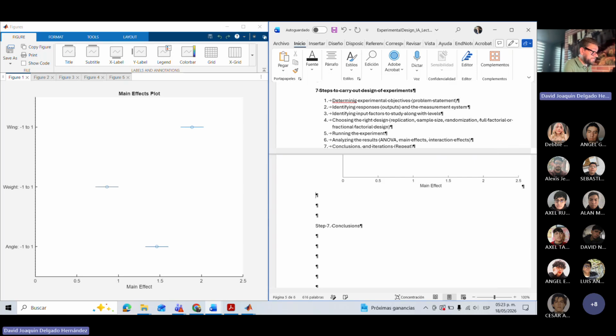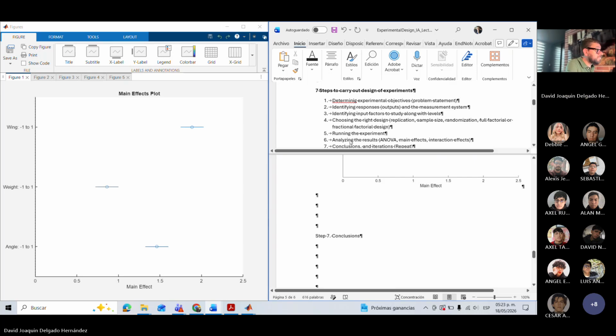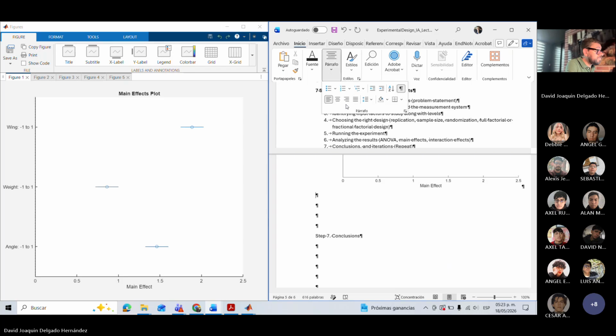This is figure 1, which is the main effect plot.